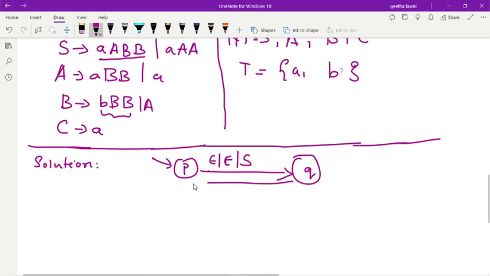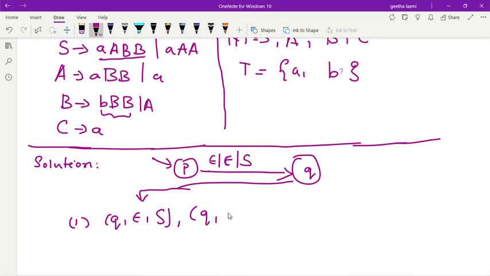For q, what are the transitions you can have? First rule: q comma epsilon for S, comma q comma ABB. For the first rule I finish. We have another rule for S, so I will write that as the second rule.